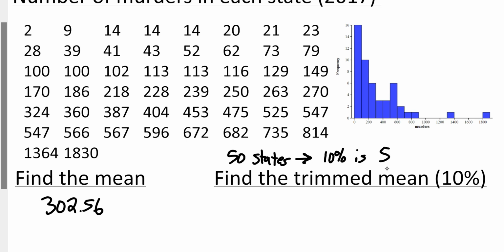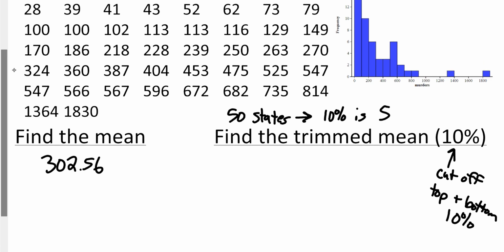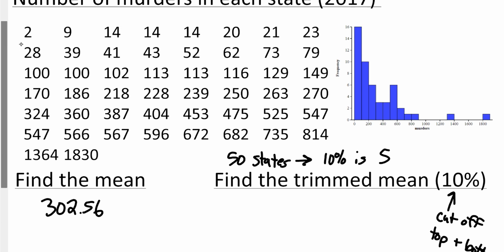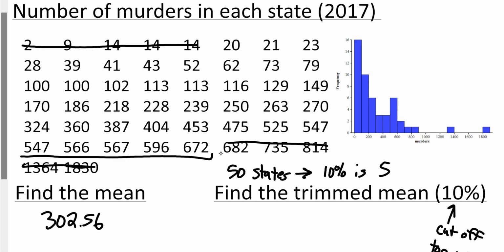So when you find a trim mean, you essentially cut off the top and bottom 10%. Or if you want a 5% trim mean, you do that with the 5%. But we're going to take off the top and bottom 10%. That means it's getting rid of the lowest 5 and the highest 5, and we're just using all the data in between.